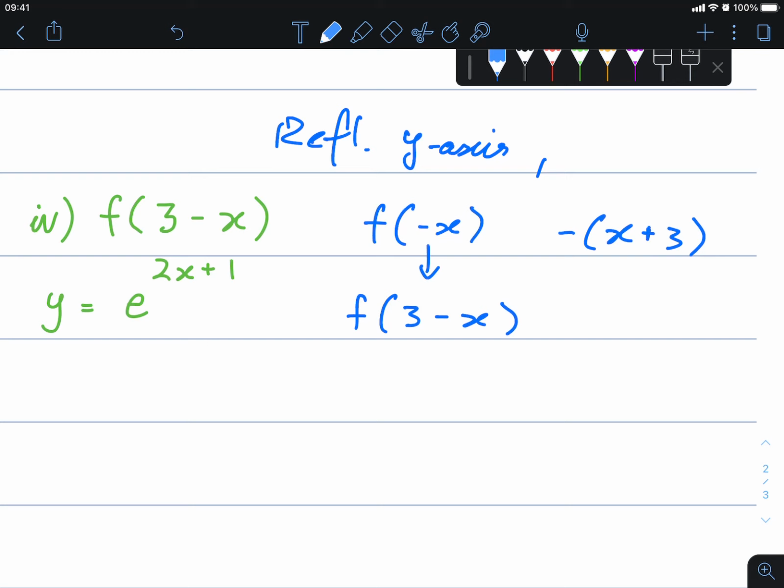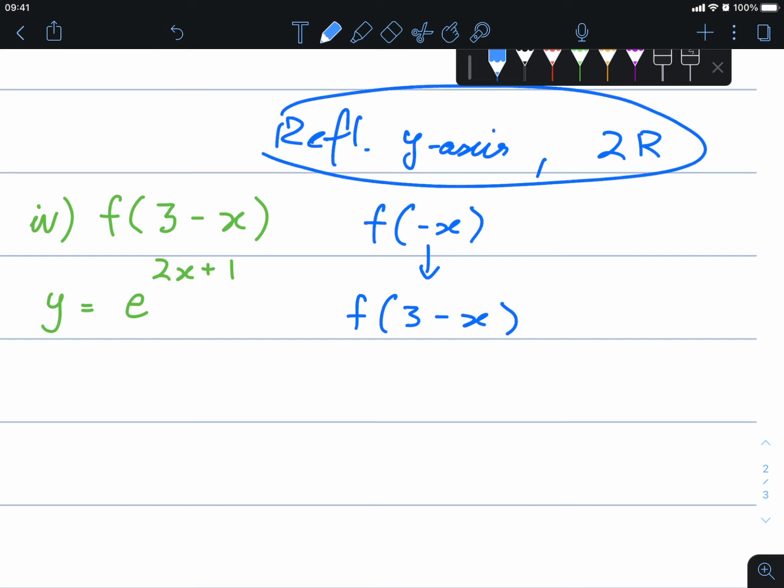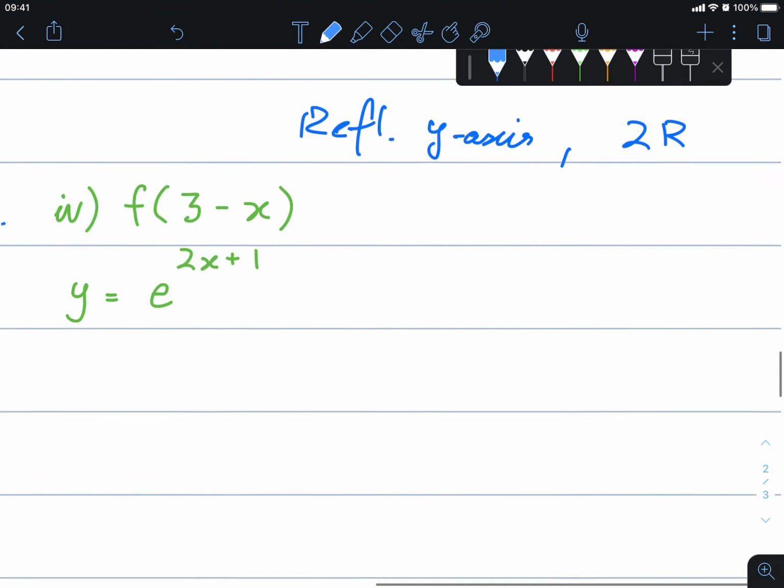If we made it a positive, minus times positive would have been a minus. But we need it to be a positive. So we need it to be x minus 3. x minus 3 is the translation 2 to the right. So these are the two transformations that we've seen here.